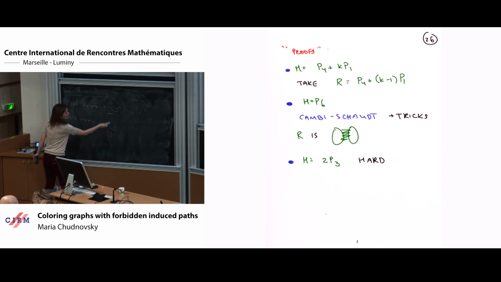And now this is dominating, right? Because if some vertex didn't have neighbors here, I would get that. So that's good. Now I pre-color this, I update once, and everybody lost the color. And this is bounded size.